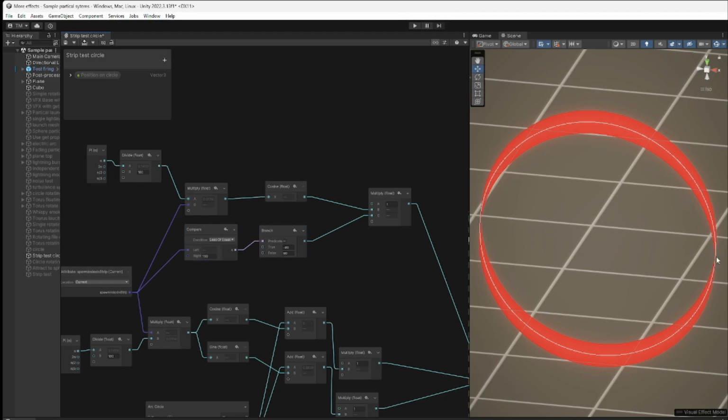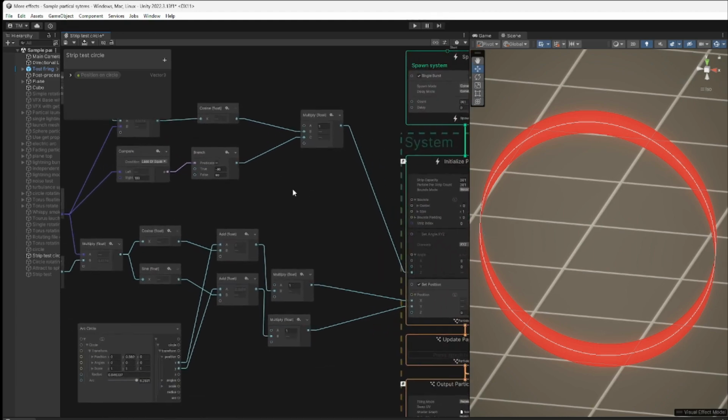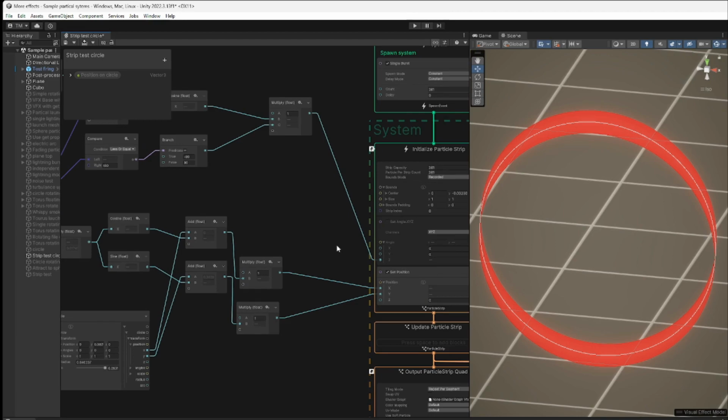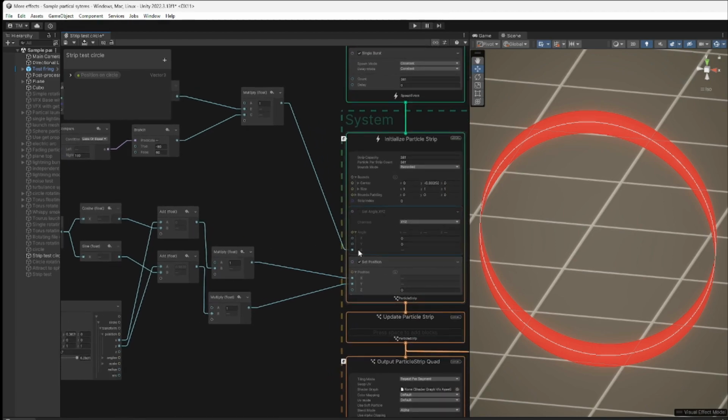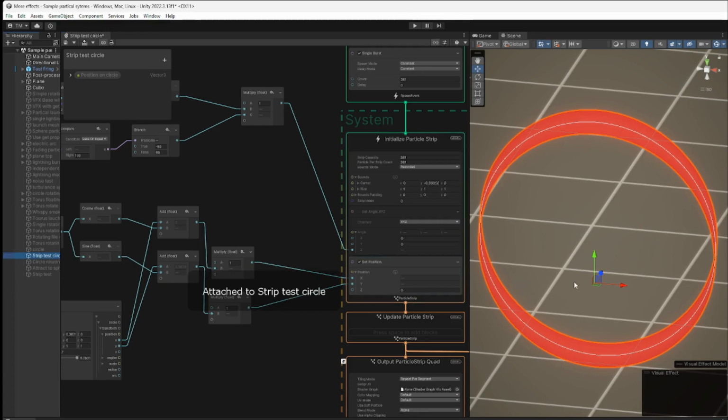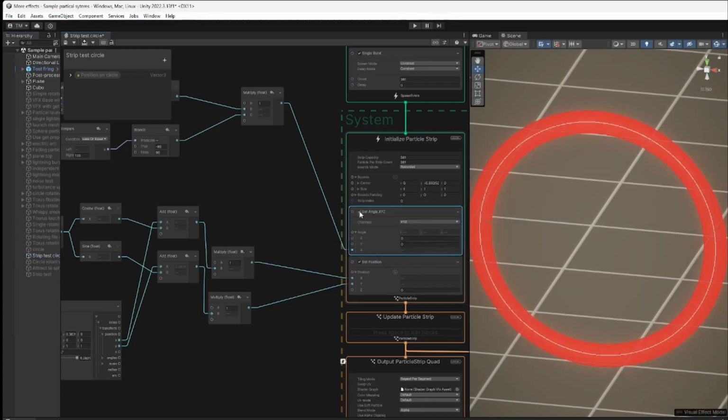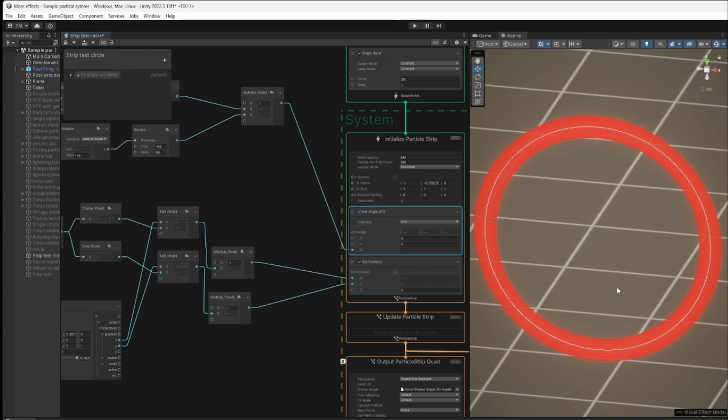Again, on one side of the circle, it's going to be 90, the other side negative 90. And then I'm going to feed that into the z. Remember, the z is going out in this direction, so I'm rotating around the z-axis. So if I uncheck this to enable that, we can see we get our nice solid circle.